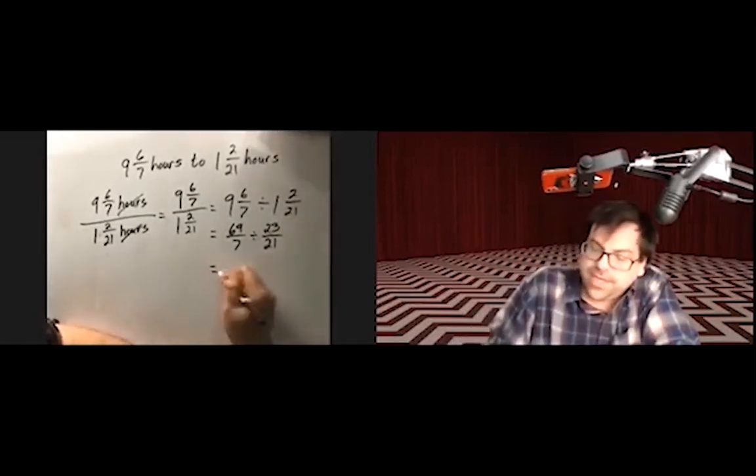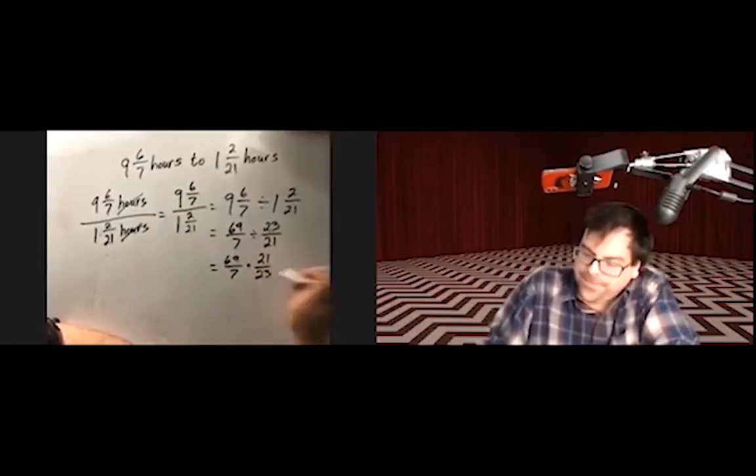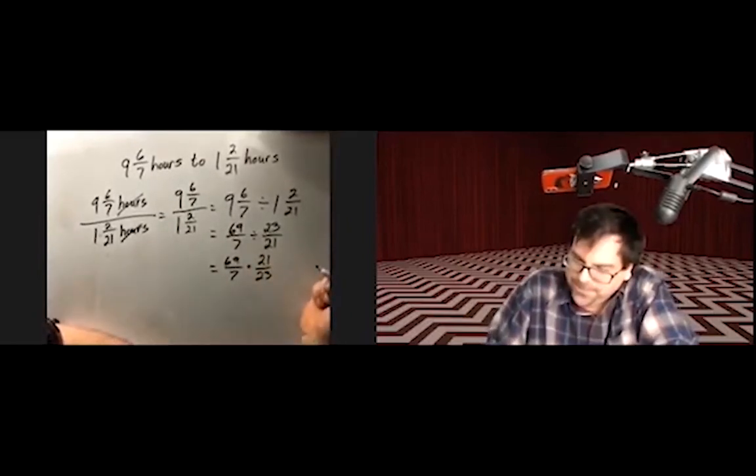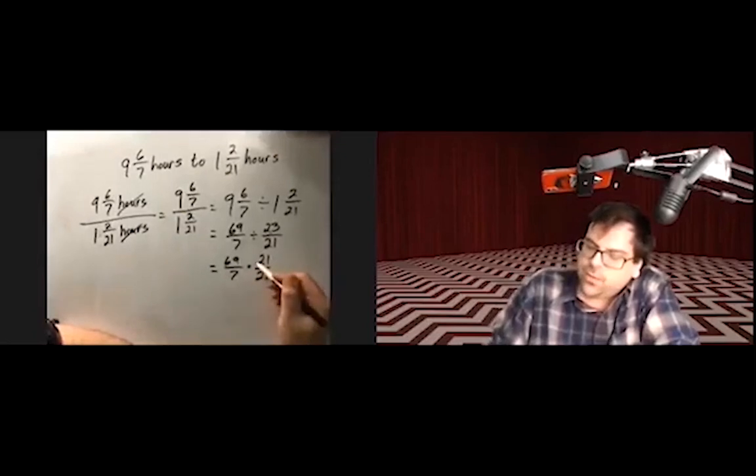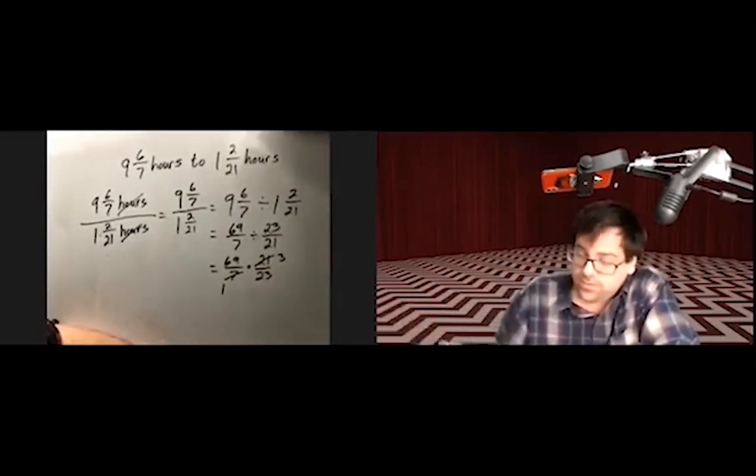We turn it to multiplication. Keep, change, flip. 7 and 21 can both be divided by 7. 7 divided by 7 is 1. 21 divided by 7 is 3.